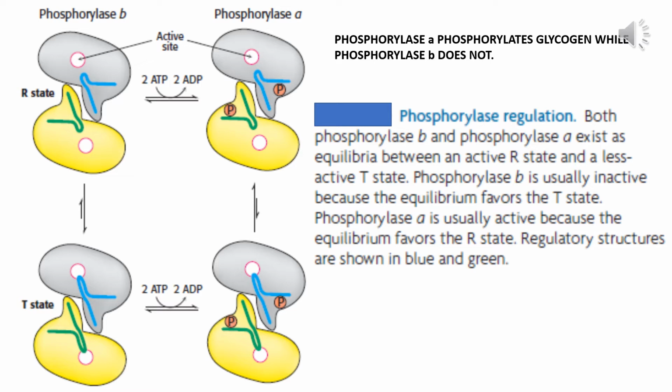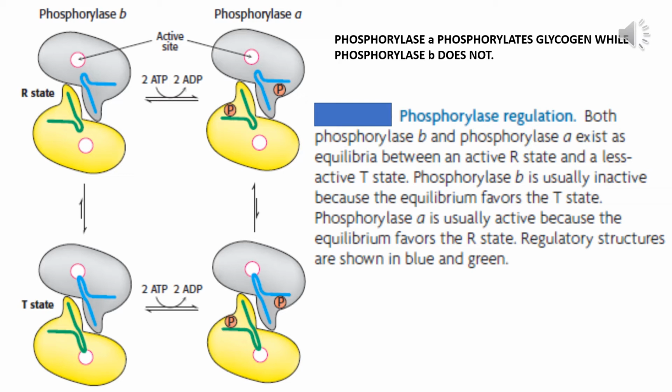Both these forms, phosphorylase A and phosphorylase B, can exist in two states. The R state, which means relaxed state, in which they are functional, and the T state or tensed state in which it is not functional.